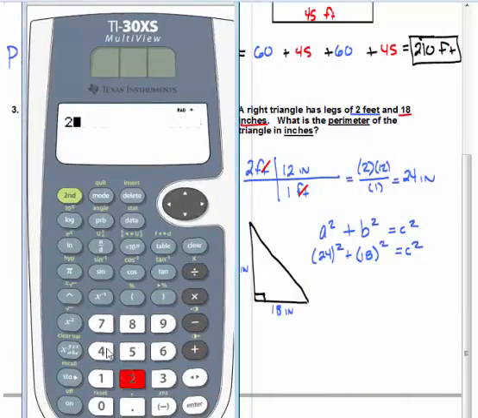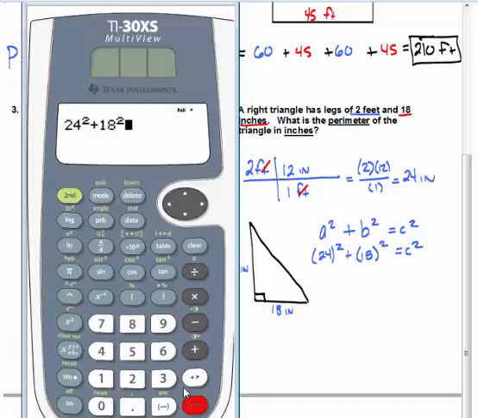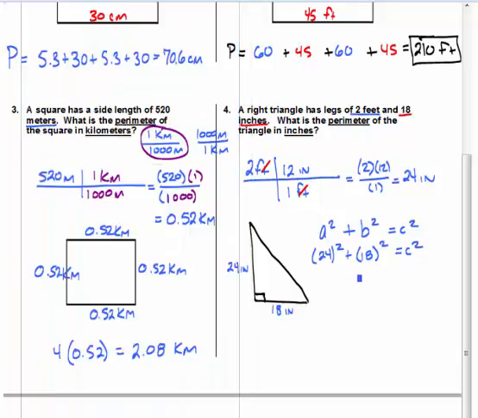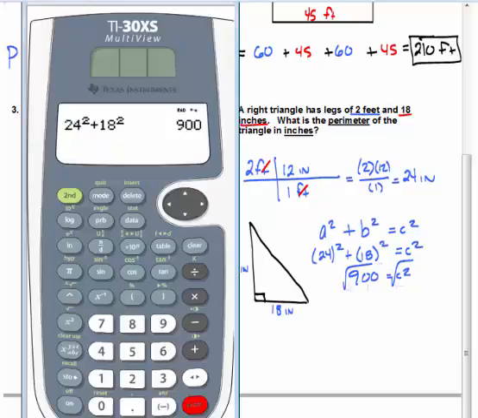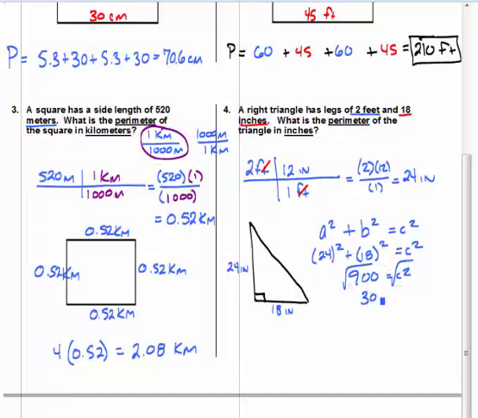Alright, so we could do 24 squared plus 18 squared to come up with 900. So 900 is equal to c squared, and then I could take the square root of both sides, and that should be 30. So the square root of 900, I get 30 for that, so 30 inches is the unknown side that we had to find using the Pythagorean theorem.